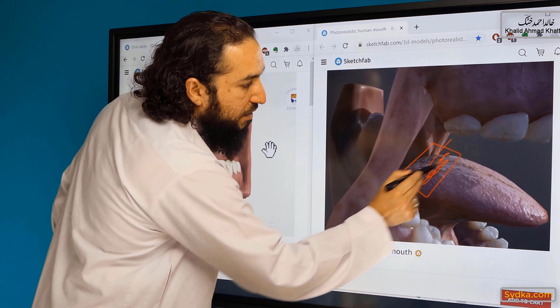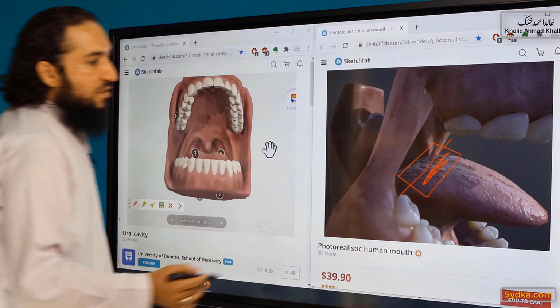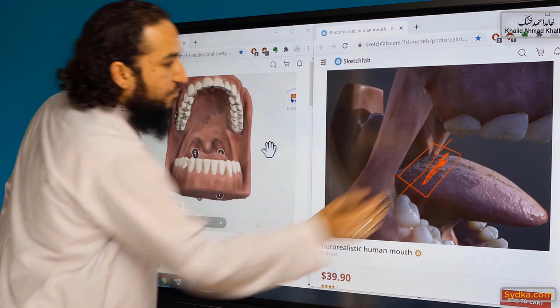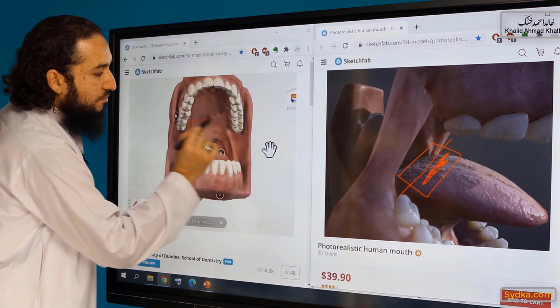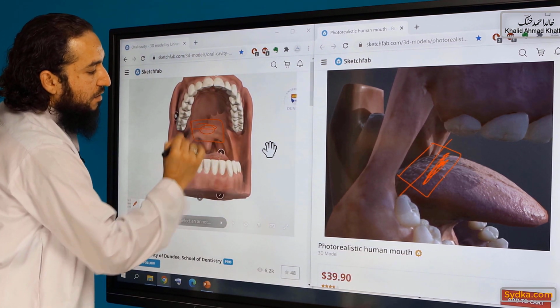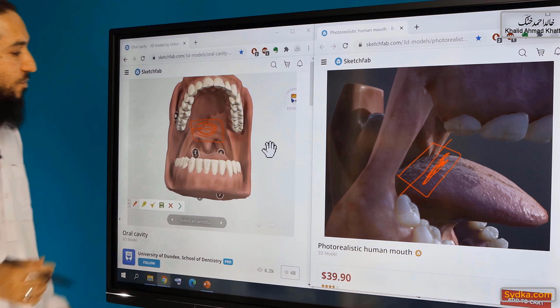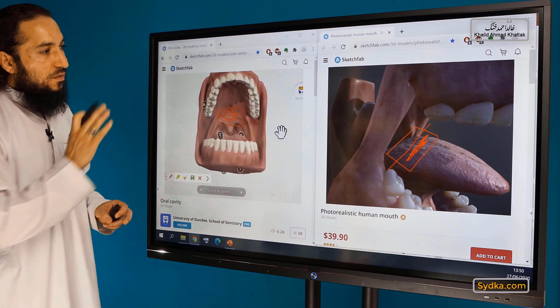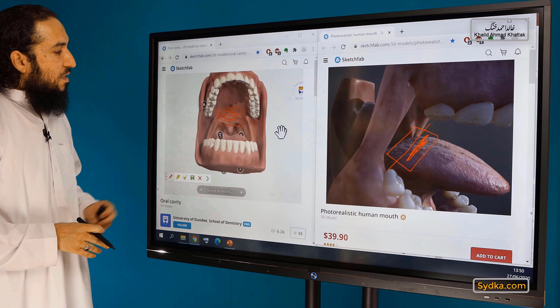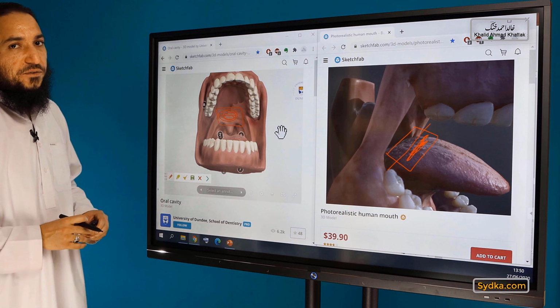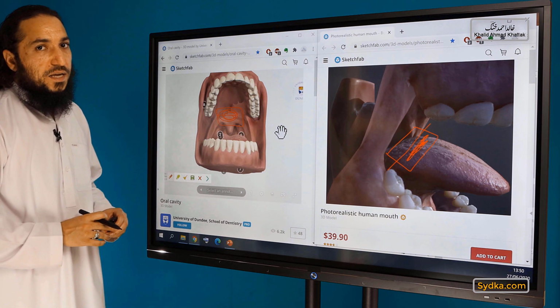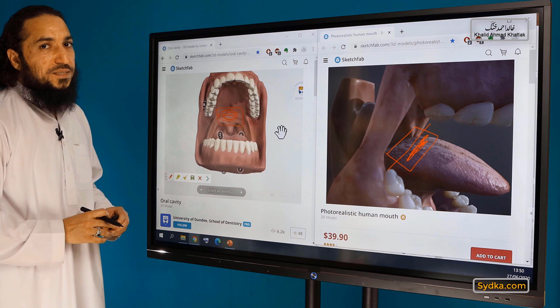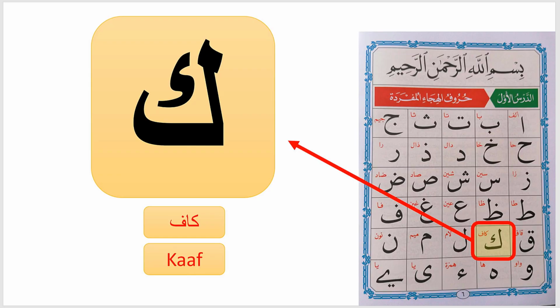This side is towards the mouth or towards the teeth, so that will be touching what is opposite to it, the soft palate. What is opposite, the soft palate, will be touching the opposite of the deepest part of the tongue. So that's the articulation point for kaf, or the sound is ak, ak.